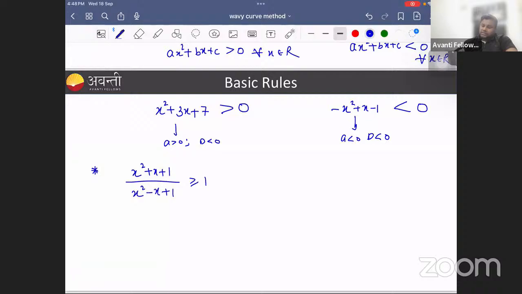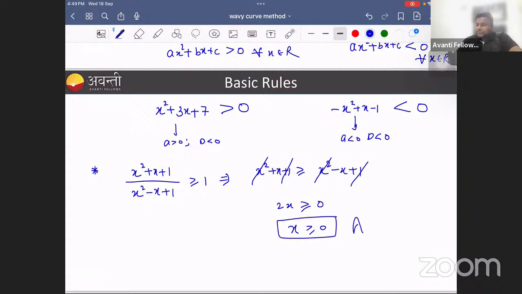If you realized, this denominator is always positive, isn't it? And since the denominator is always positive, do cross multiplication. So x square plus x plus 1 is more than or equal to x square minus x plus 1. The x square cancels. So 2x is more than or equal to 0, x is more than or equal to 0. This is your answer.